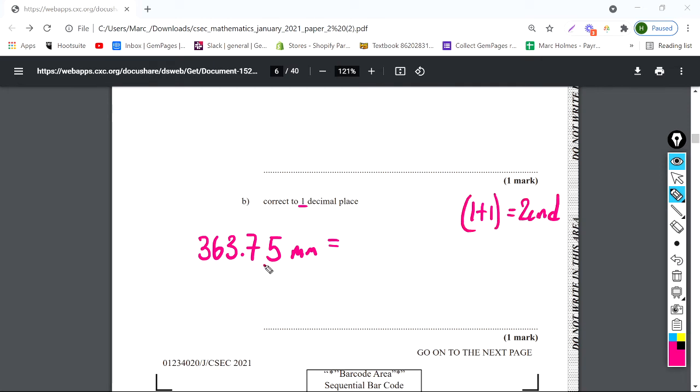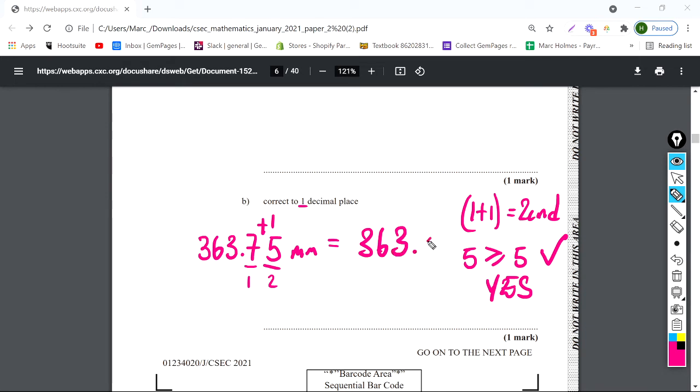In this case, the second decimal place is the 5. Is 5 greater than or equal to 5? Yes, it is. 5 is equal to 5. So we're going to add a 1 to that 7, and the answer to one decimal place would be 363.8. Cool, guys?